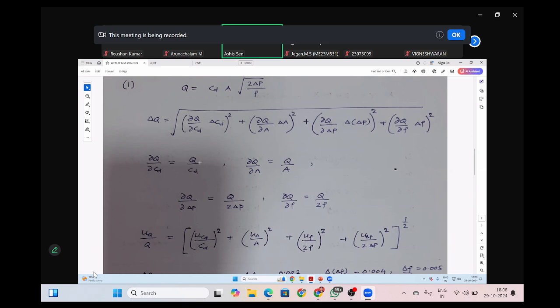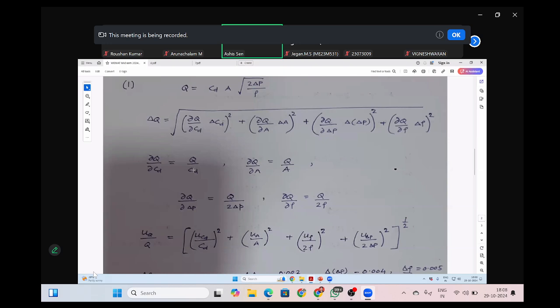Dou Q over dou CD is Q over CD, whole square. Now each of these terms you will have Q square, Q square, Q square, and Q square. So that there is a square root. So that Q in the numerator has come here. Okay, so this is basically uncertainty in Q divided by Q that has come from there.